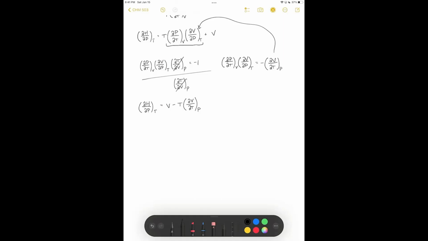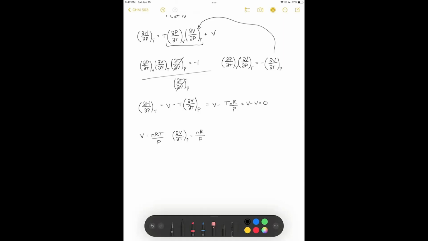The ideal gas law tells us that the volume of a gas is related to the temperature by nRT over P. So the partial derivative of this volume with respect to temperature at constant pressure would simply be nR over P. And if we plug this in up here, we get V minus T nR over P, which is the same as volume. So we get volume minus volume equals 0. So it is 0, just like we would expect.